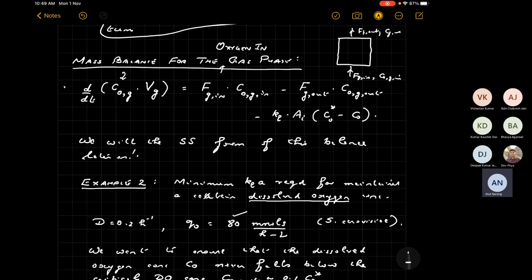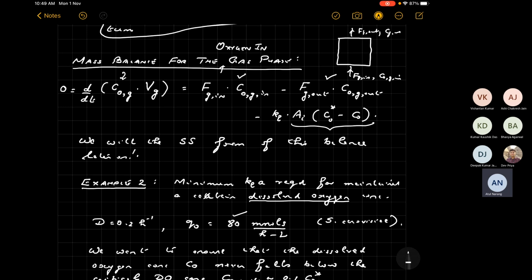Yeah, so at steady state, if this reactor is being operated at steady state, then this quantity is equal to 0. And that means that basically in minus out has to be equal to the rate of mass transfer. If I can measure this quantity, and this quantity, then I can find out KLA.